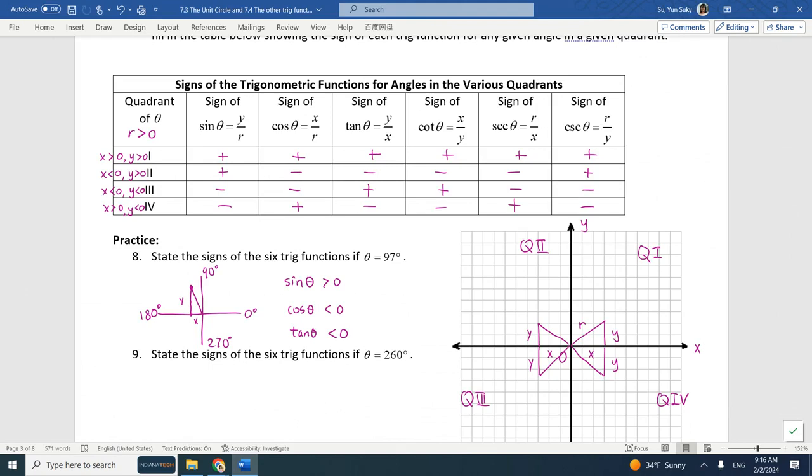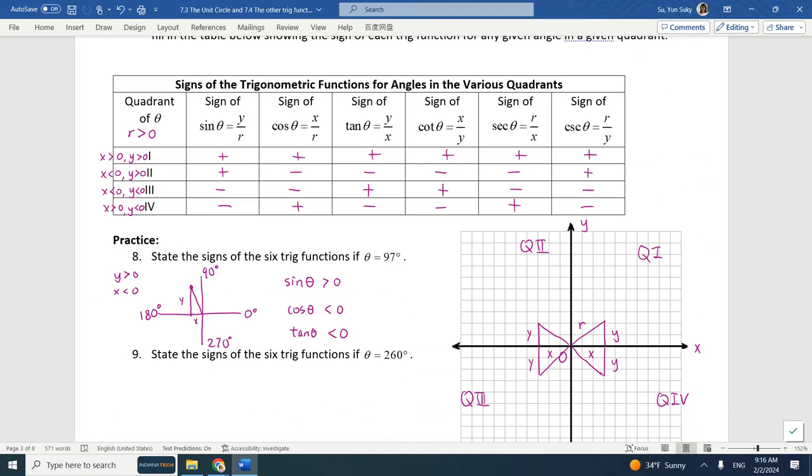So in the exam, you don't have this table, right? And just deduce by yourself. Your y is positive and your x is negative, and then you think about sine, y over r. Y is positive, r is always positive, so positive. Okay? And cosine, x over r, x is negative over r positive.